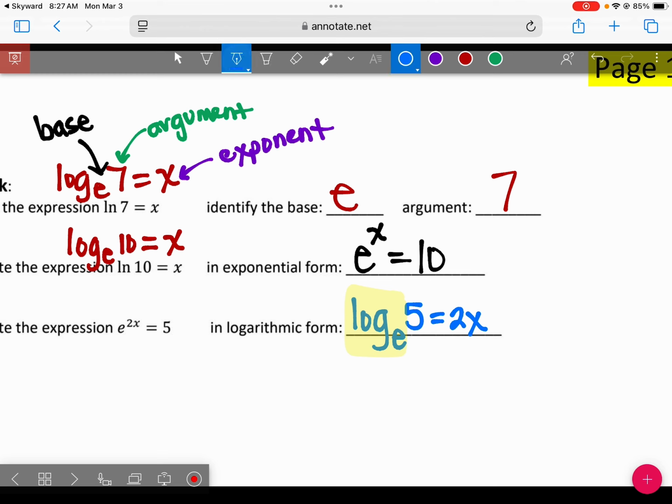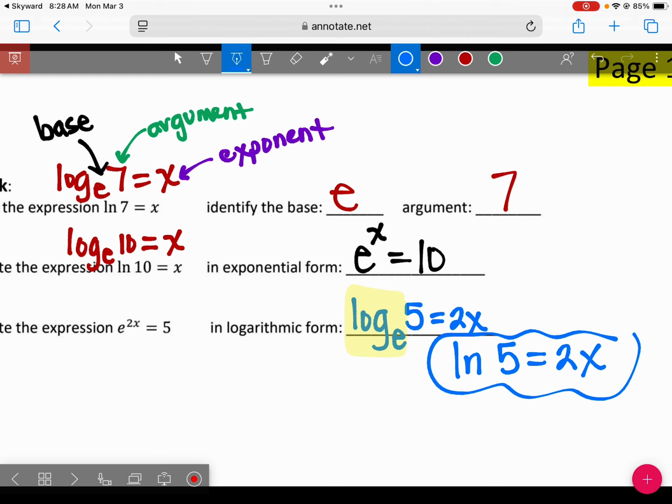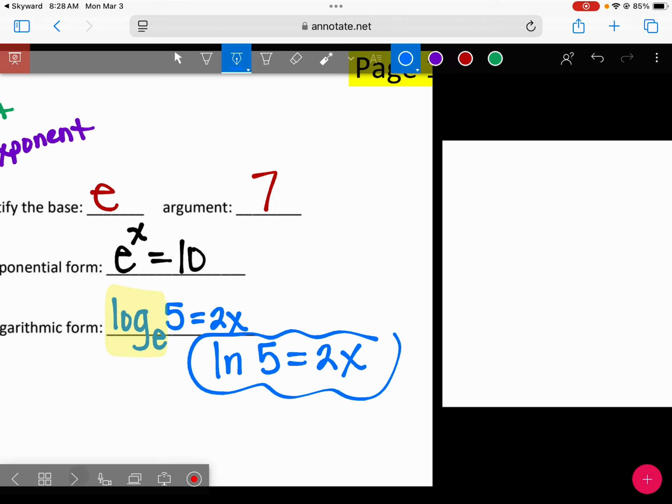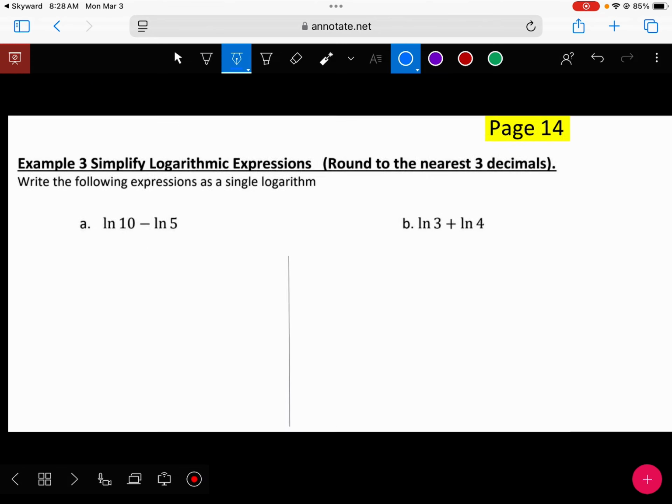Natural log. So the right answer would be the natural log of 5 equals 2x. So this is the best answer. So anytime you see a log with a little bitty e, I want you to change it to ln. All right, couple more and then we'll start working on homework together.